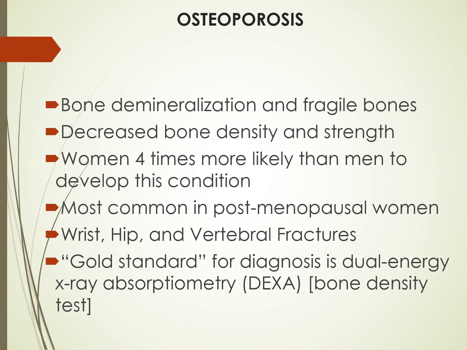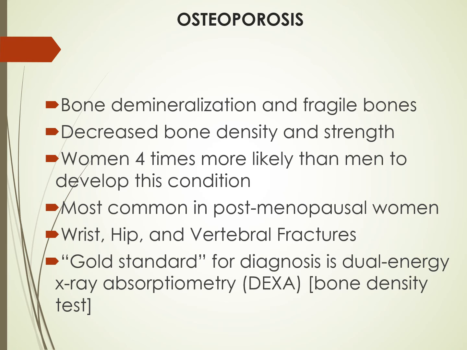As I mentioned on the slide before this one, it's really a demineralization of the bone. The osteoclasts are breaking down the bone faster than the osteoblasts are producing it. And this typically starts in your 30s.